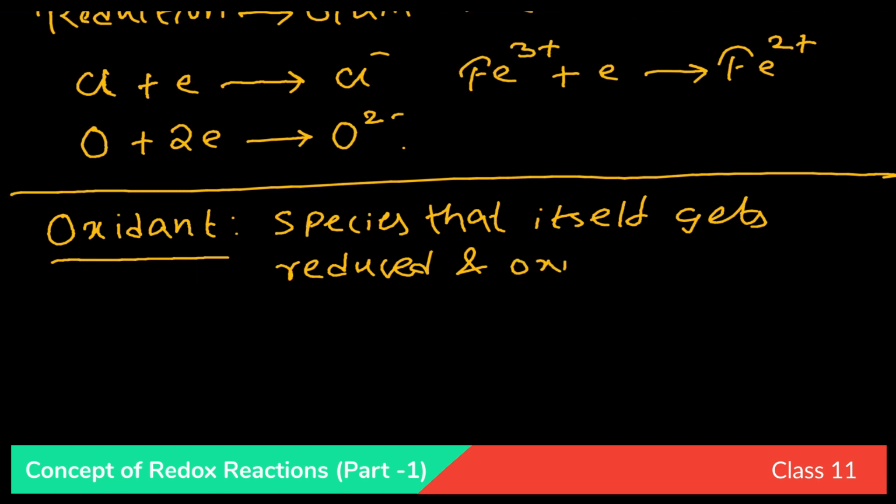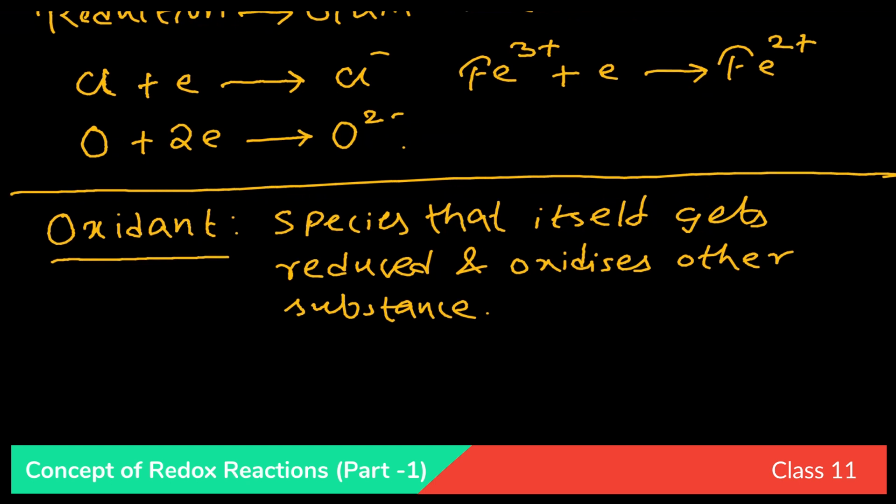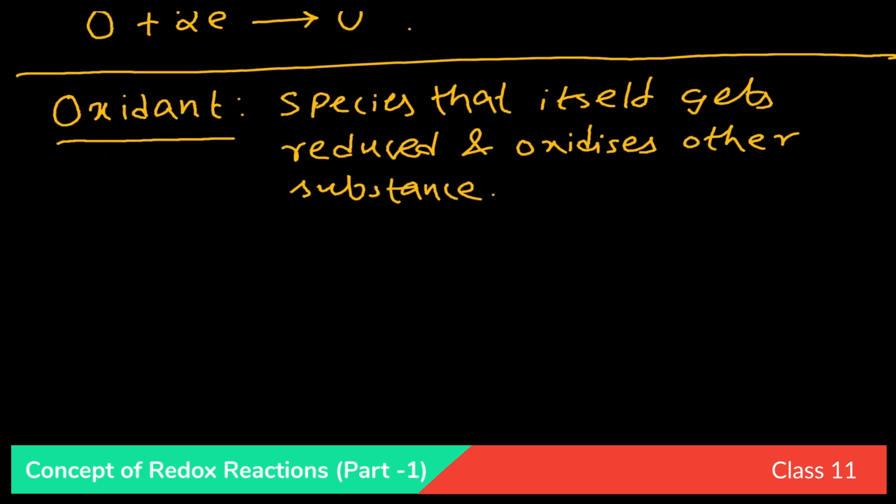That means they will oxidize other substances. So this is the basic definition of an oxidant. That means in a reaction, it will itself get reduced and it will oxidize another substance. So this is called an oxidant.